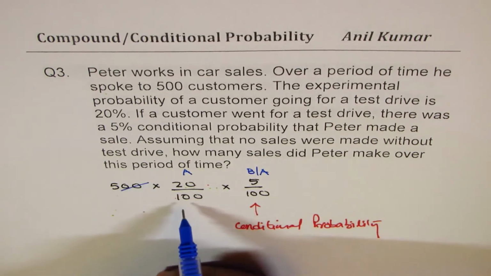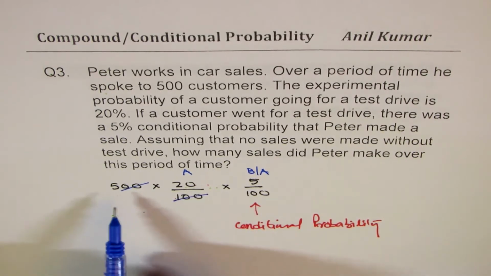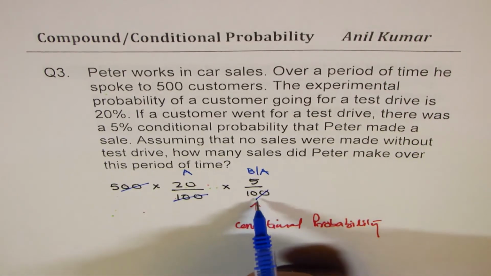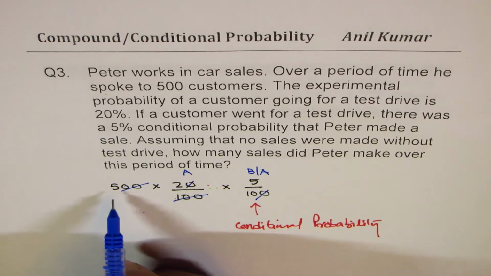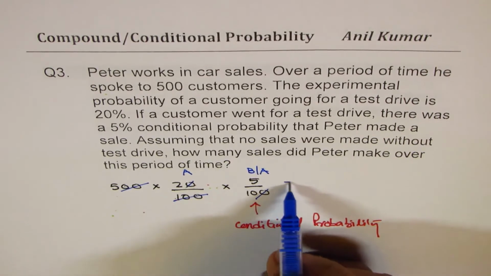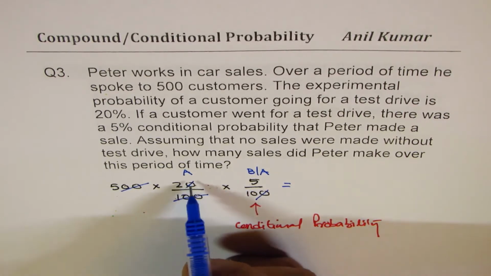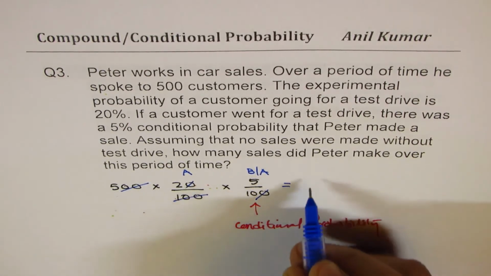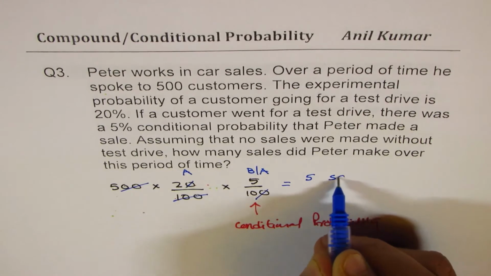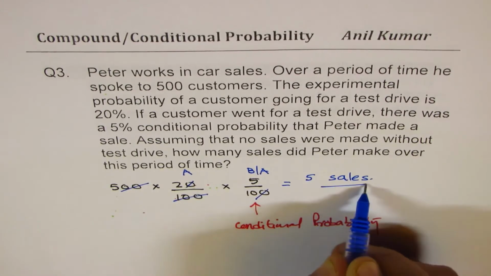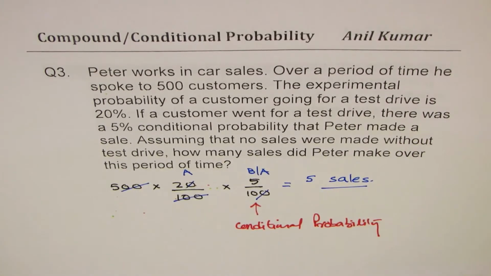So we could simplify this and get our result. So that is how we could do it. 5 times 2 is 10. So this is 5 sales. So that is how you could answer, right?